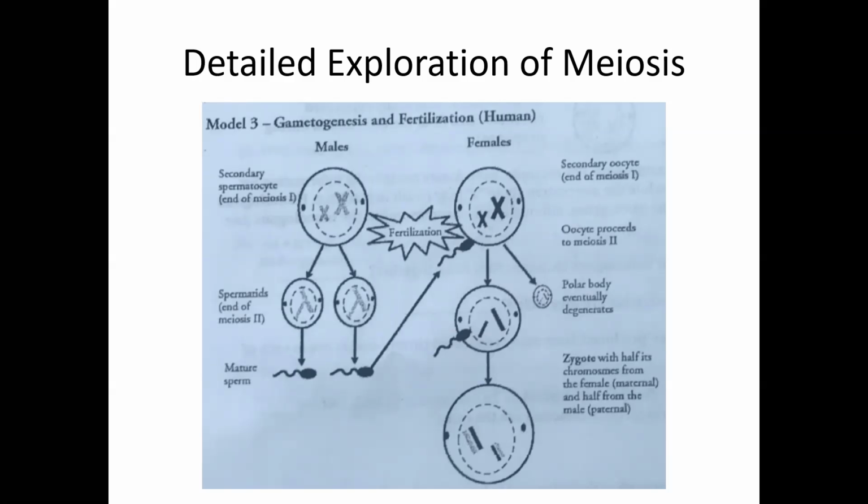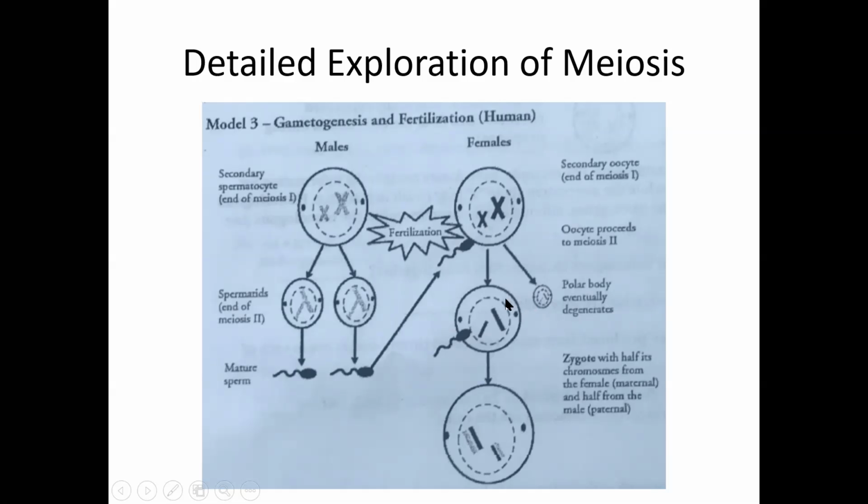I am curious to hear what you said, but what we think the reason for this is that there's a huge amount of resources invested in making all the organelles and all the biochemicals in the cytoplasm of the secondary oocyte. And if you made 4 of them, that would be a huge amount of stuff that you'd have to make and invest.